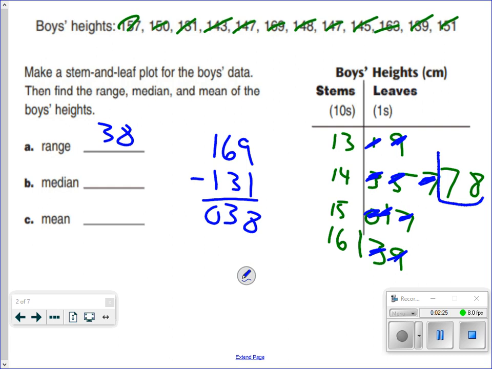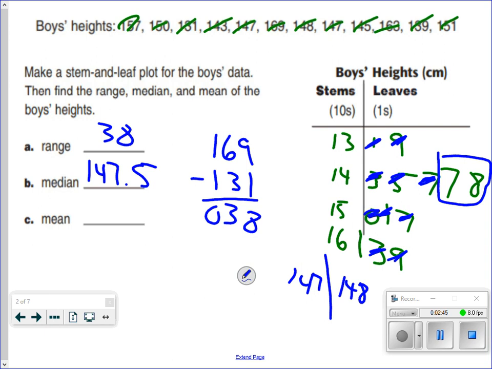Now these two numbers are my last ones, which would be 147 and 148. So what number would be right in between 147 and 148? It would be 147.5. If you have two numbers left, you have to find the number that is between those two numbers. You can't have two numbers for a median.